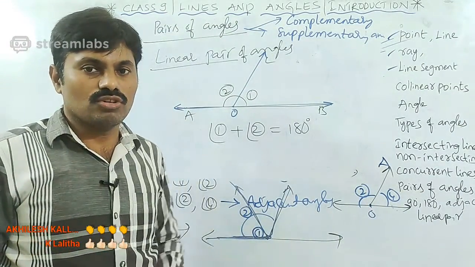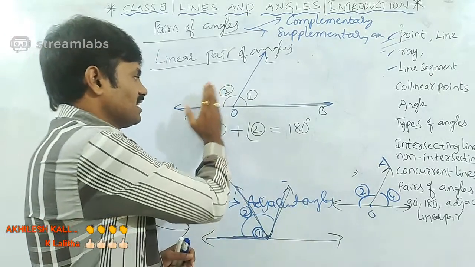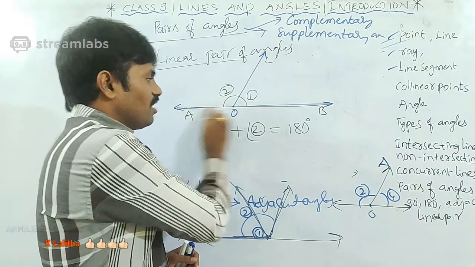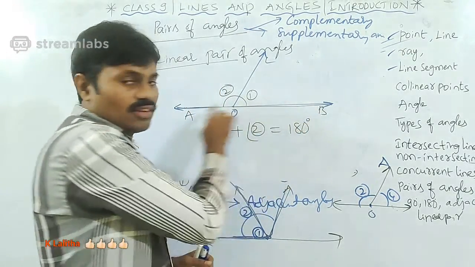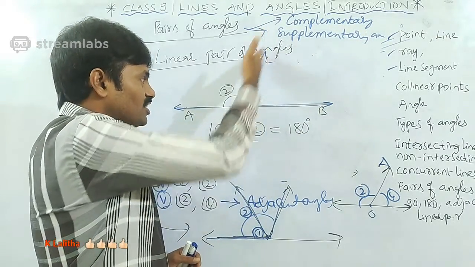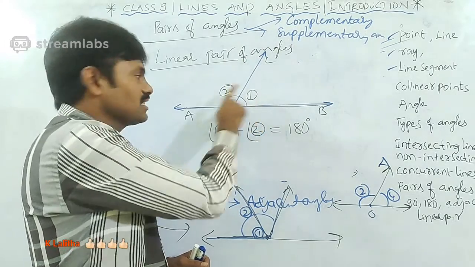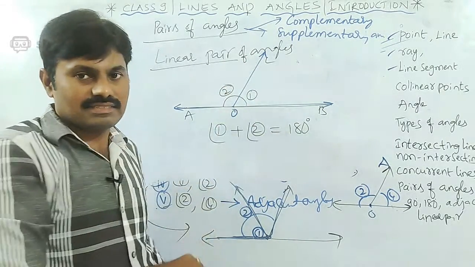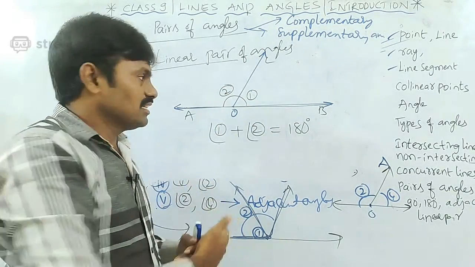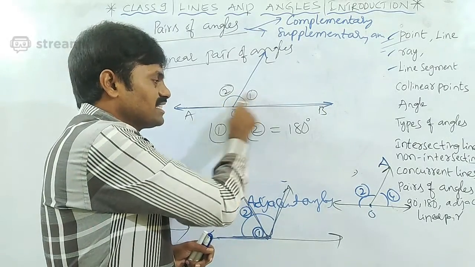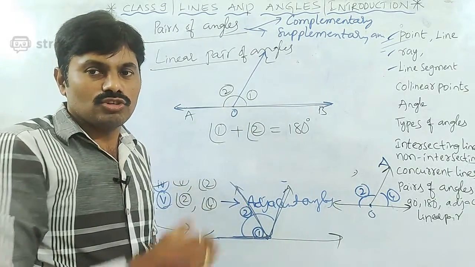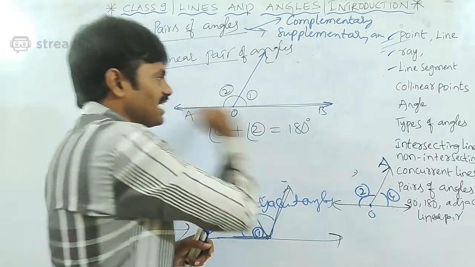It is in the textbook, go through it. The linear pair axiom says that if on a straight line a ray stands like this and two angles are formed, then the sum of these two angles is 180 degrees. The converse of it is, if the sum of two adjacent angles is 180 degrees, then those two angles form a straight line.